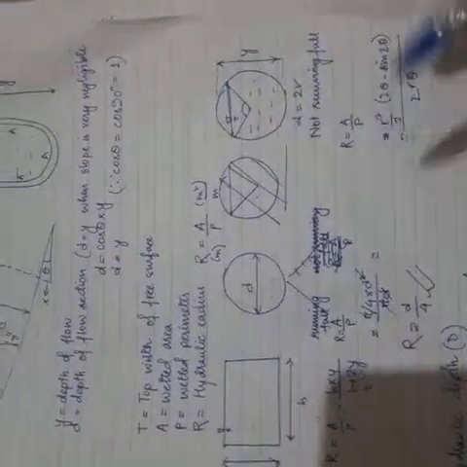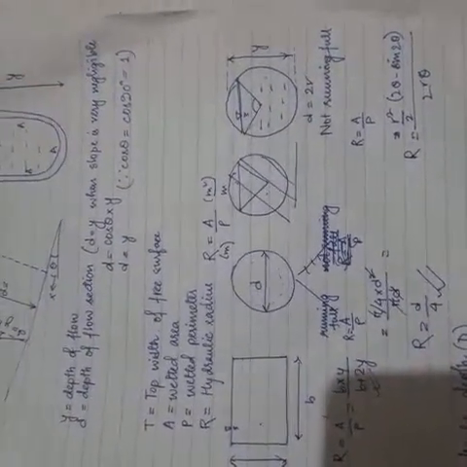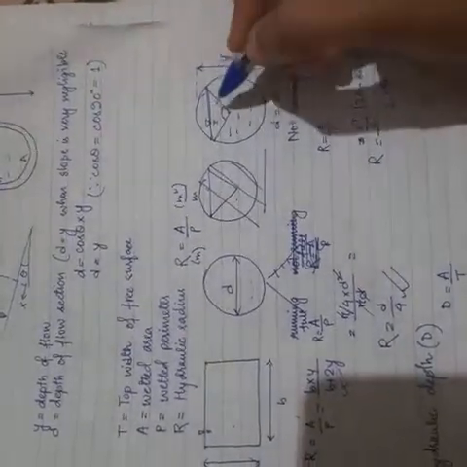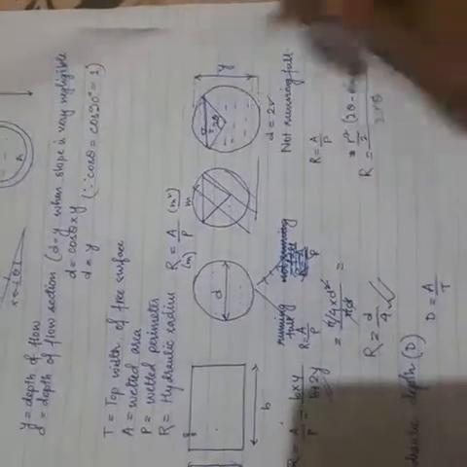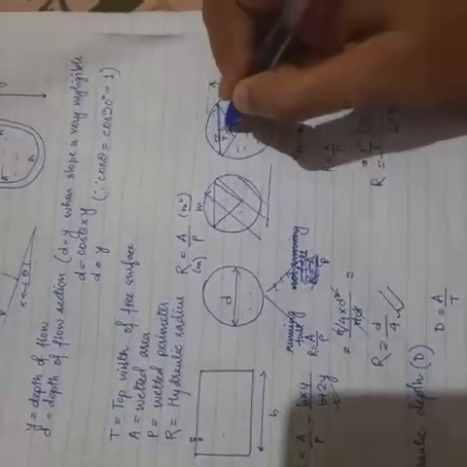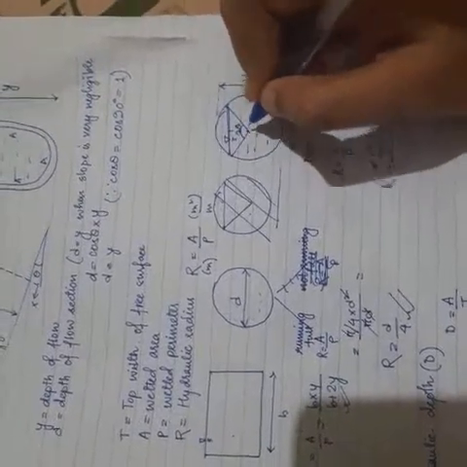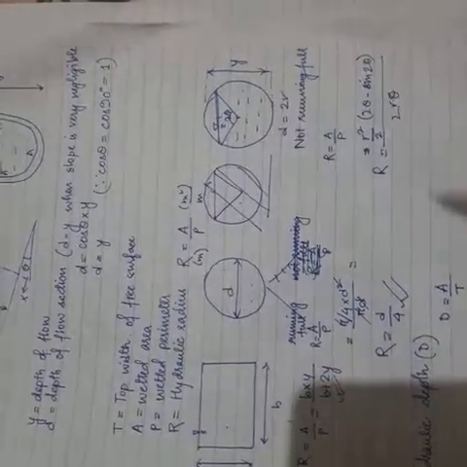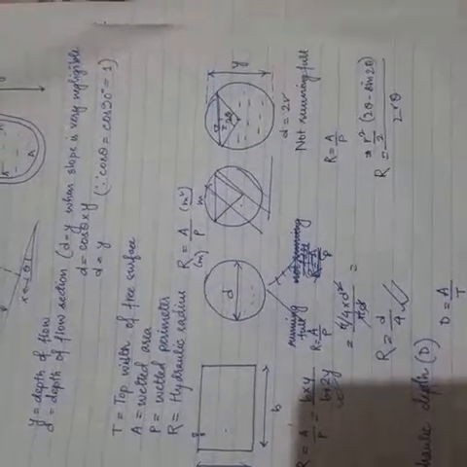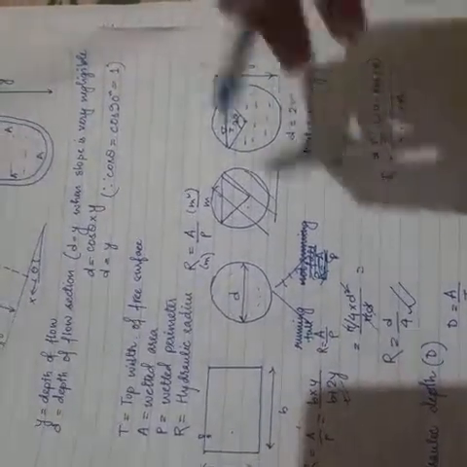Then for this there is a little bit of derivation which is not required. It's just that this is theta. Actually it is 2 theta. If this was the case, then it would have been theta, but it is 2 theta, when we are considering the angle subtended at the center of the circular section.